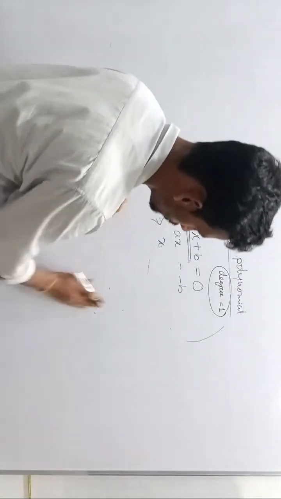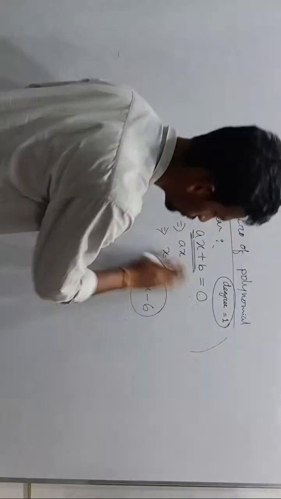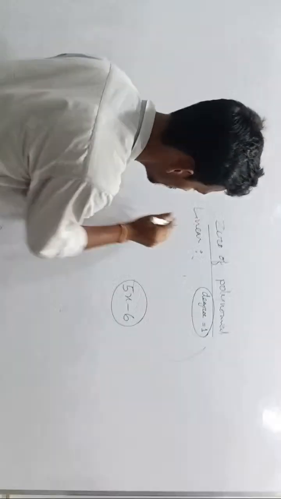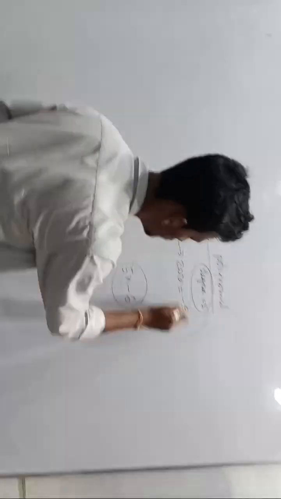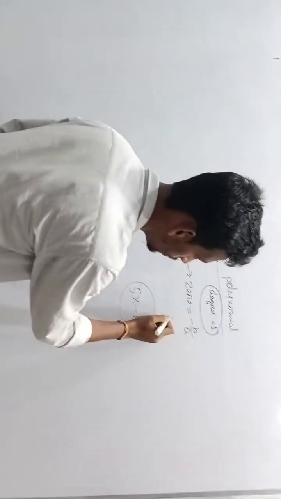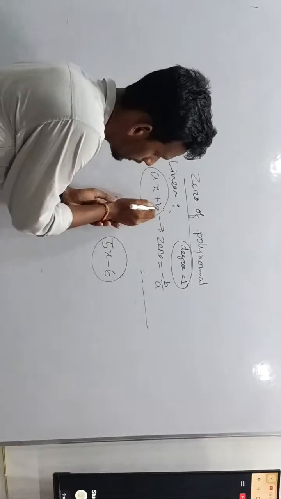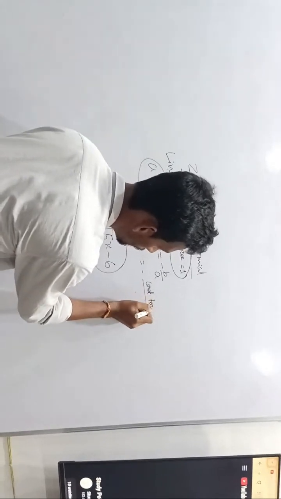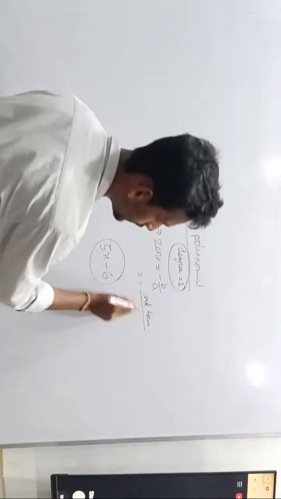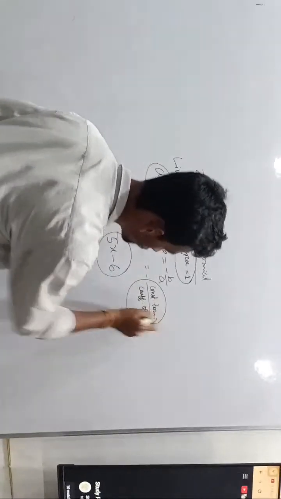You can take one example also. Suppose 5x minus 6. So what is the zero? For ax plus b, the zero is minus b by a. Okay? Minus b by a means what? B is the constant term, so instead of b you can write the constant term. Instead of a you can write the coefficient of x.